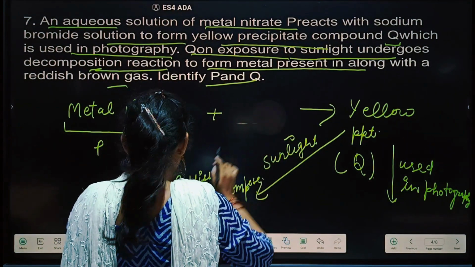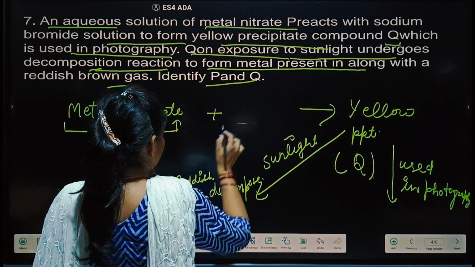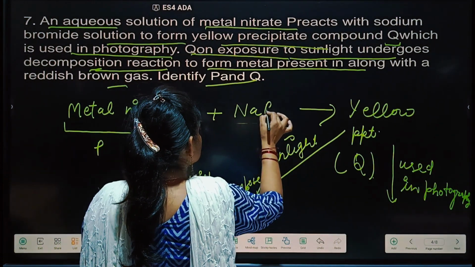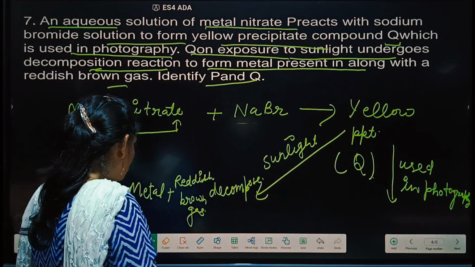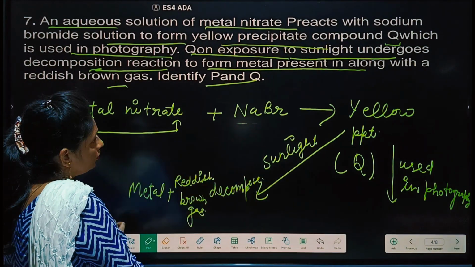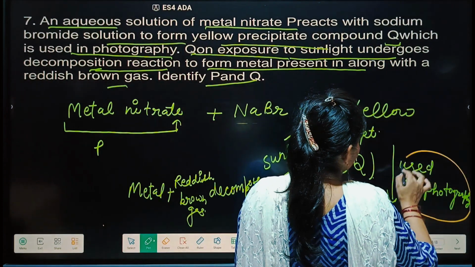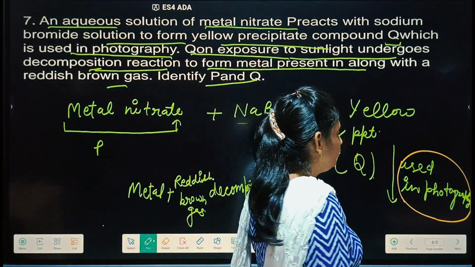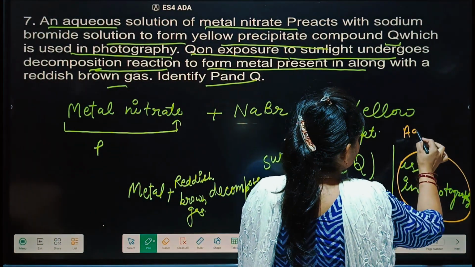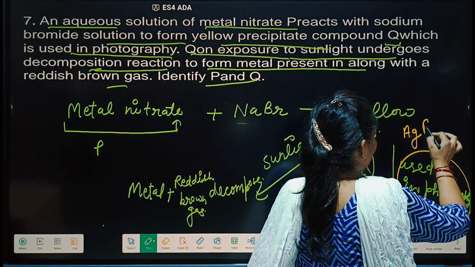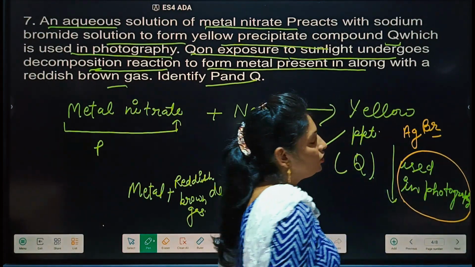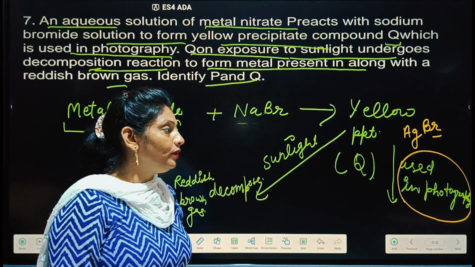Sodium bromide is NaBr; by mistake I have written this one wrongly. Students, you know very well that in photography we use either AgBr or AgCl. You have studied about that.